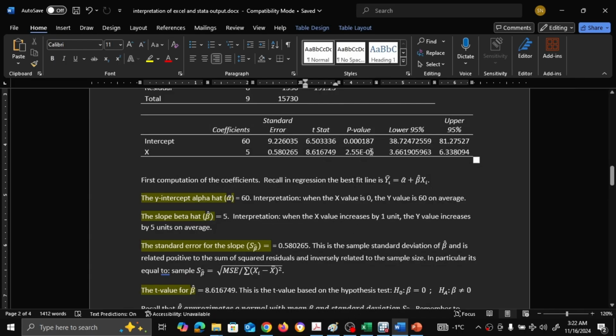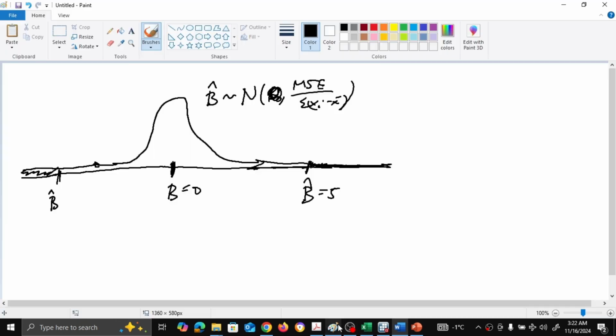So to help you understand this, it's like this. These areas are very, very small, okay? The Excel output is written like E minus 5, or something like this.